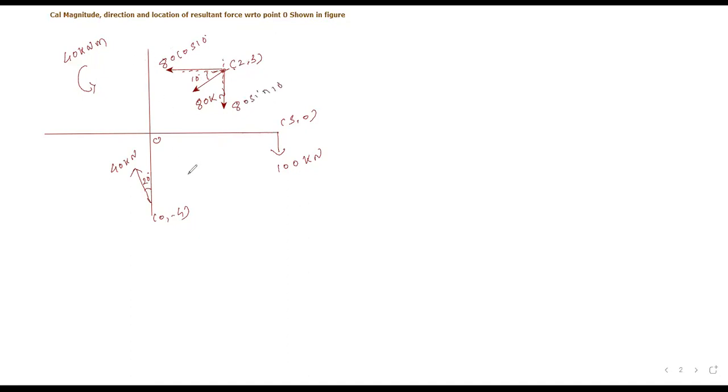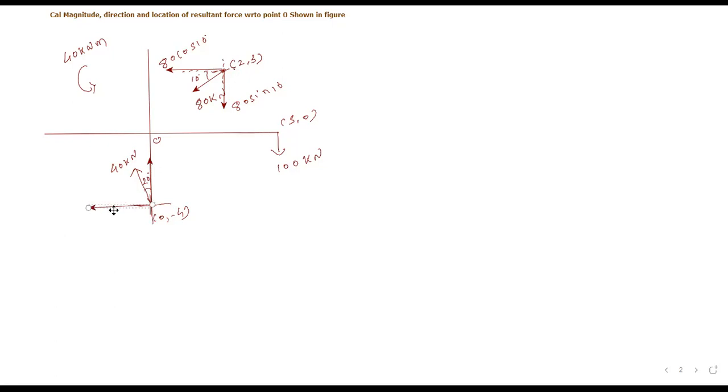Similarly, we need to resolve this force in x and y direction. Same procedure will be followed. Again, this force is in your second quadrant. Let me draw an xy axis. This is your second quadrant. So vertical components for y and horizontal components for x.